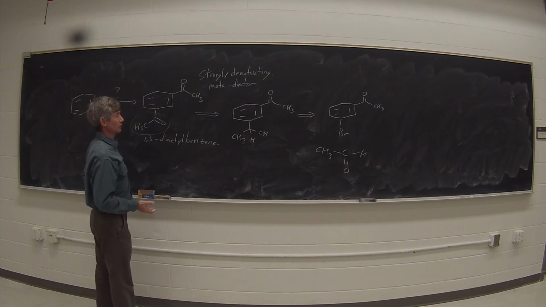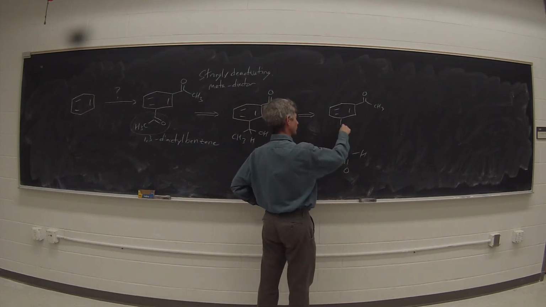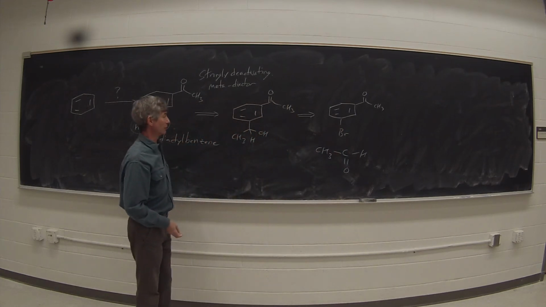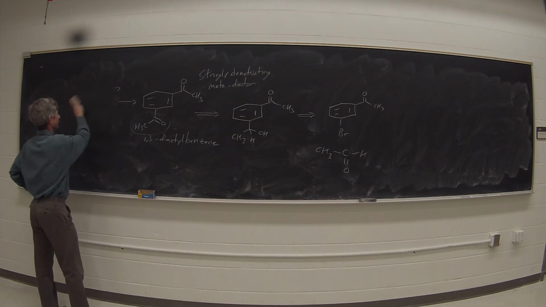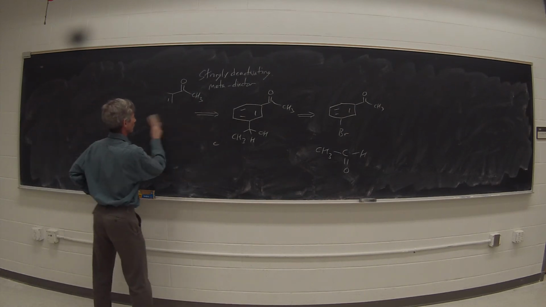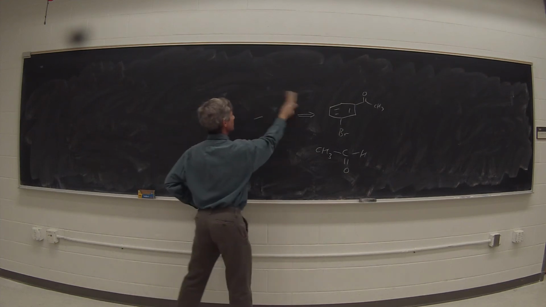So now that we have a general synthetic scheme, we're going to try to put a bromo group here. We're going to try to make that carbon-carbon bond by Grignard addition and then oxidize the alcohol back up. We can start from benzene and work forward, applying appropriate protecting group chemistry along the way.